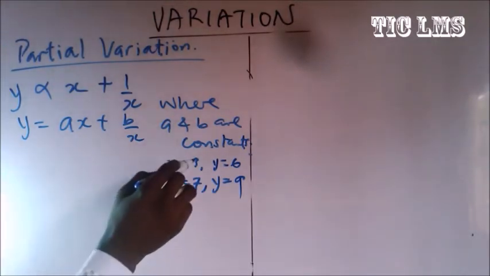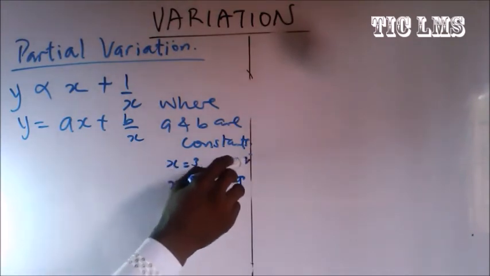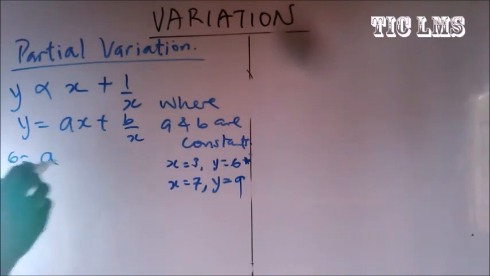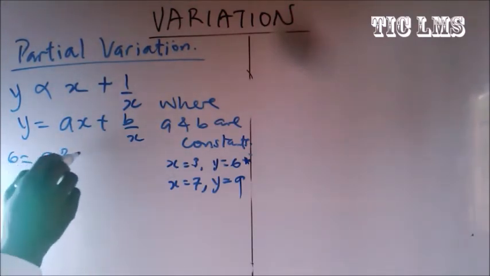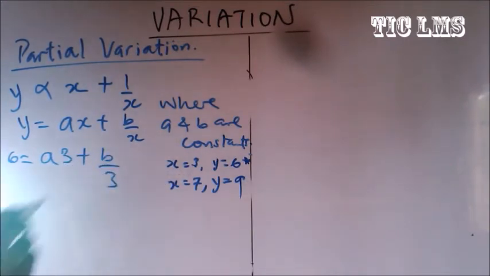Alright, so let's substitute our values. For the first aspect, Y is 6 equal to A, which is a constant, and X here is 3, plus B, which is a constant, over 3 as well. This is the first one.